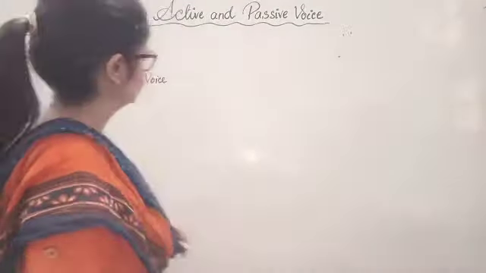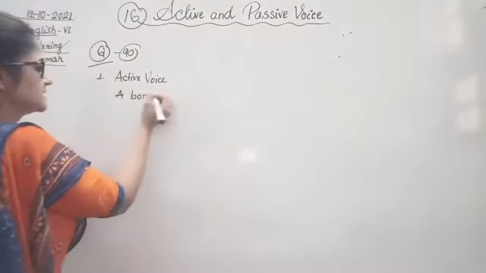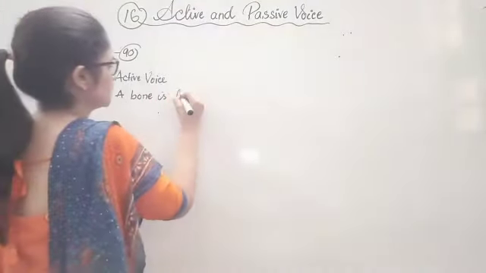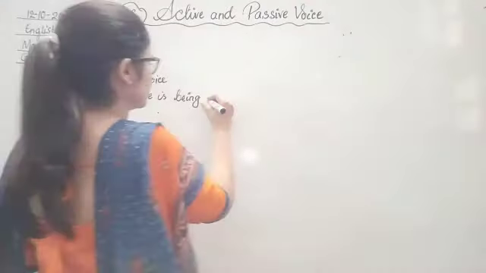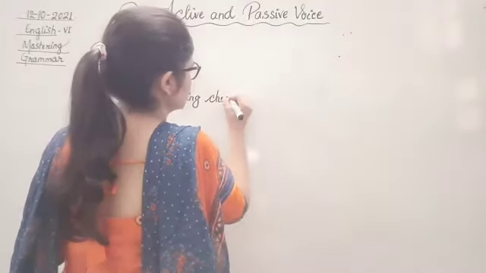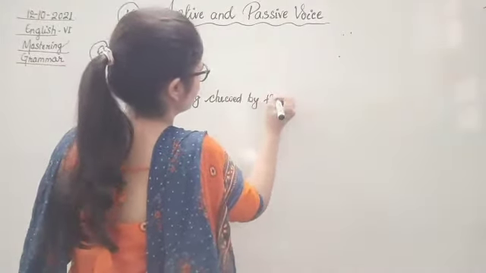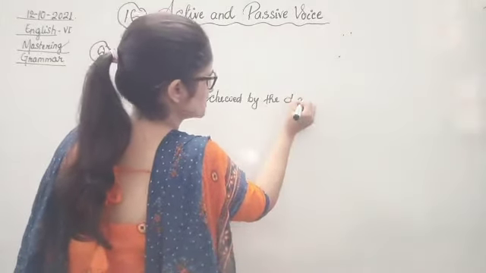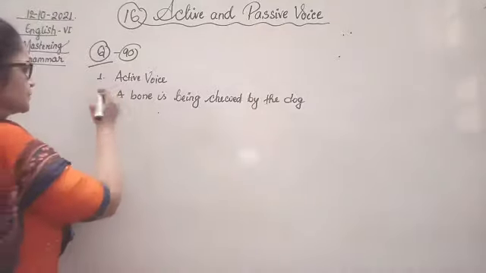A bone is will remain is only because it is in continuous, being will be added. A bone is being chewed, yes, by the dog. Chewed, because we know the past participle form of chew is chewed.